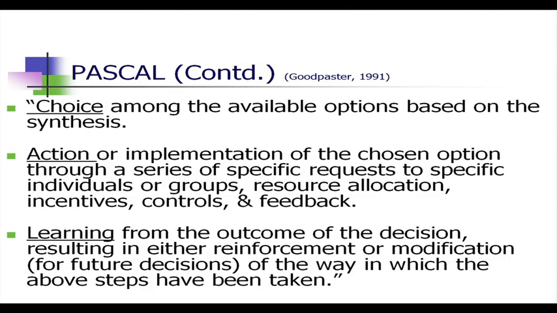Learning from the outcome of the decision results in either reinforcement or modification for future decisions of the way in which the above steps have been taken. I am getting late for some place. I should have jumped the red light to get there on time, but I did not because it's illegal to do so. I reached the place that I am supposed to reach late. What is the learning? I must leave my home, my starting point, 5 minutes early, maybe 10 minutes early.